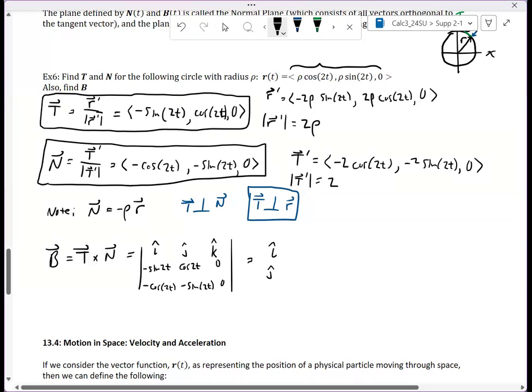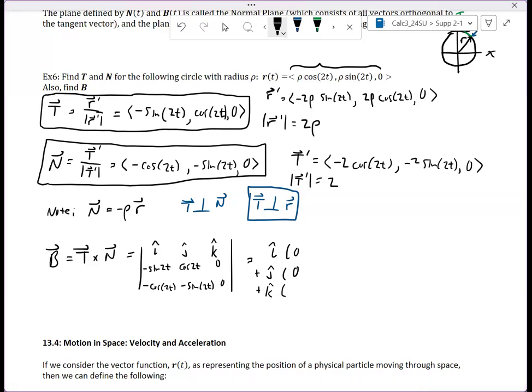And again, I can do my little shortcut method here. I see that i, going down this main diagonal, is going to be multiplied by cos 2t times 0, so that's going to be a 0. j is going to be multiplied by 0 times negative cos 2t, that's going to be a 0. k is going to get multiplied by what? Negative sine 2t times negative sine 2t, or that's sine squared of 2t.